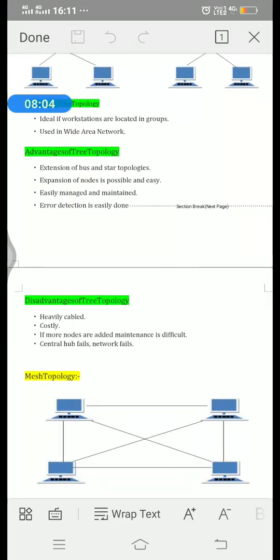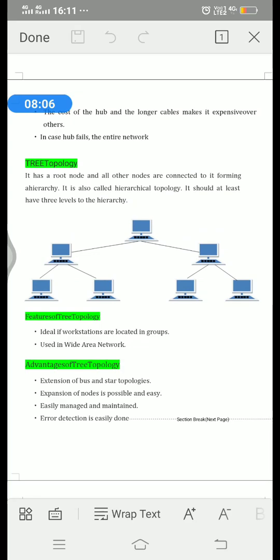Next is your tree topology. Tree topology, as you can see in this figure, the nodes are connected in the form of a tree. Yes, the root node is the first one on the topmost, that is known as the root node. It has a root node and all other nodes are connected to it, forming a hierarchy.